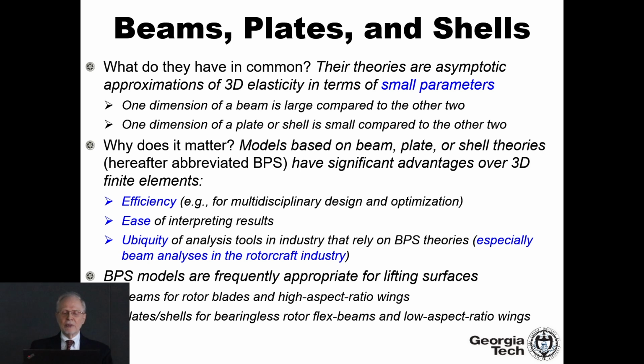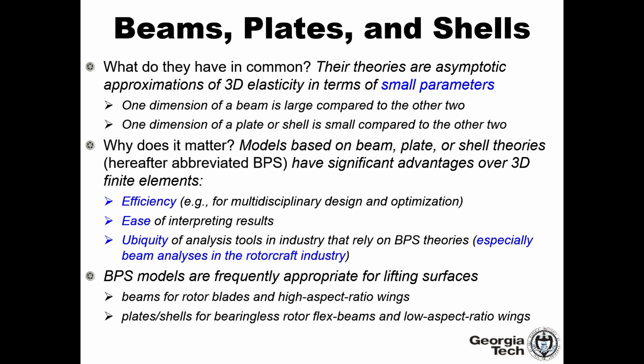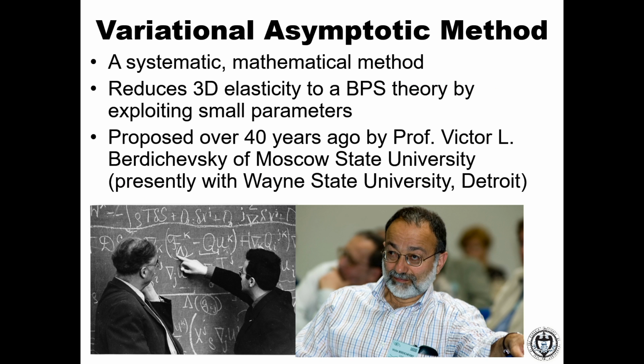Well, models based upon these theories have significant advantages over 3D finite elements and 3D elasticity in the areas of efficiency, ease of interpretation of results, and ubiquity of analysis tools in industry that rely on the simpler analyses. These models are frequently appropriate for lifting surfaces, as we will see.